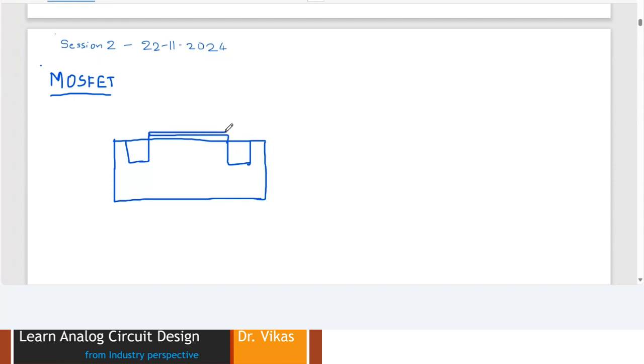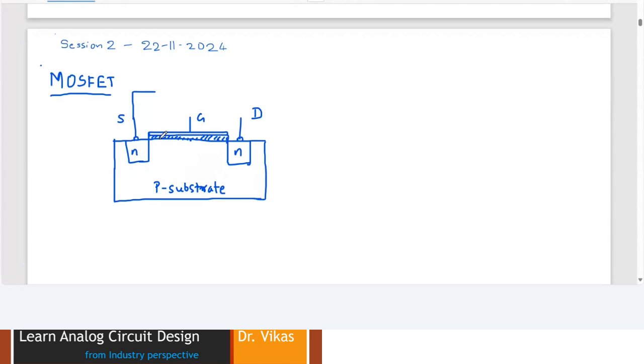So I'll draw the MOSFET with the oxide layer and then the metal layer. So I have this as source, gate, drain. This is my N well, and this is my P substrate or P type body. Fine. So yesterday we tried to understand what sort of voltage should be given.